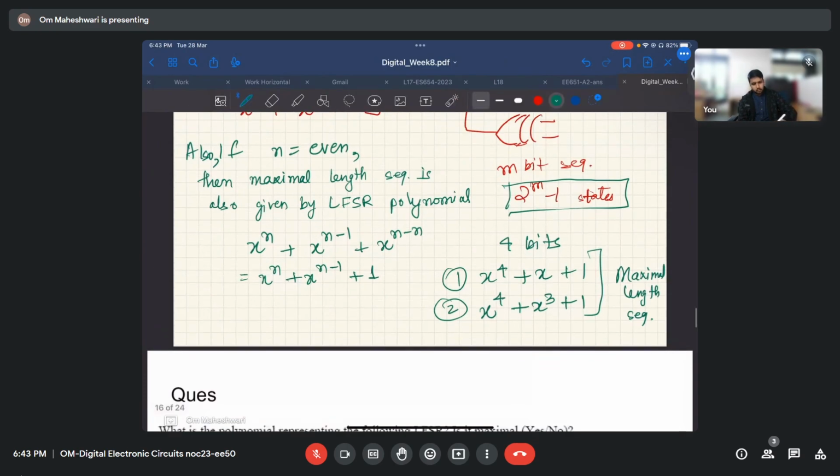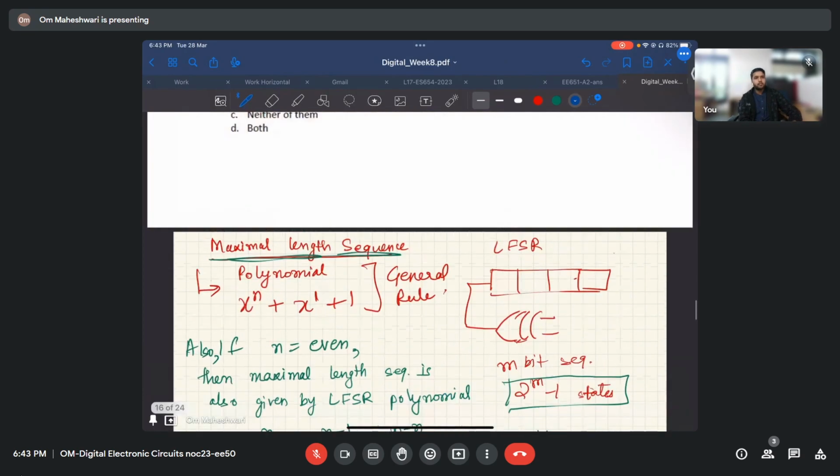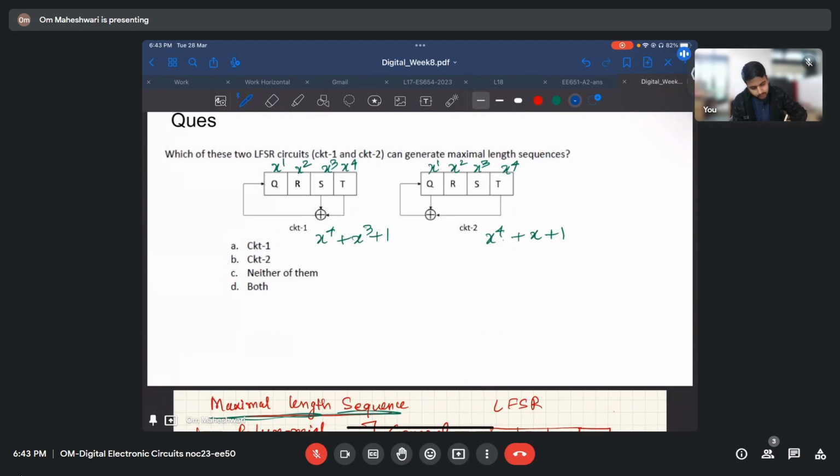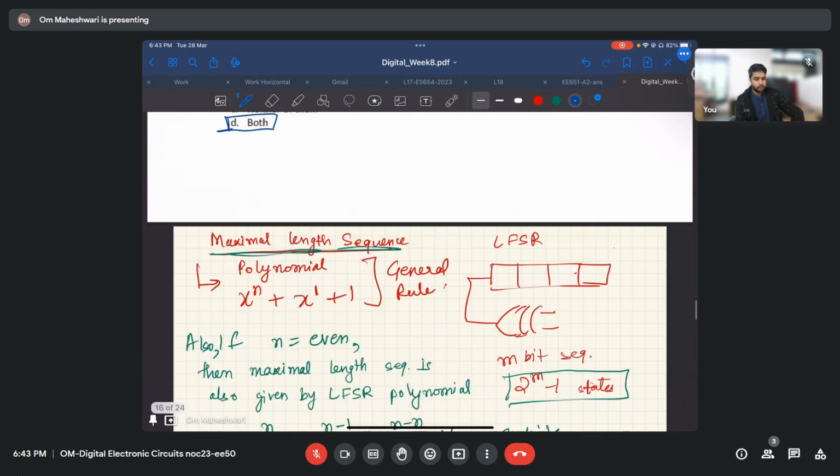This one is only when n is even, and this one is for all n. So the answer is, which can generate maximum length sequence? Answer is both. Right?